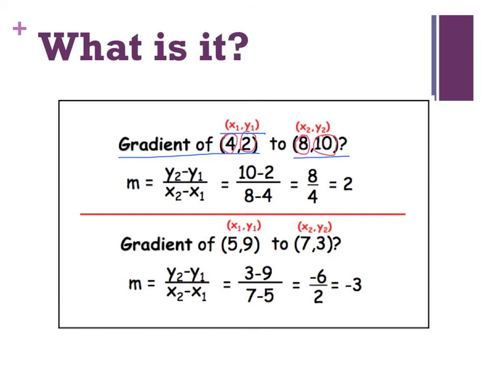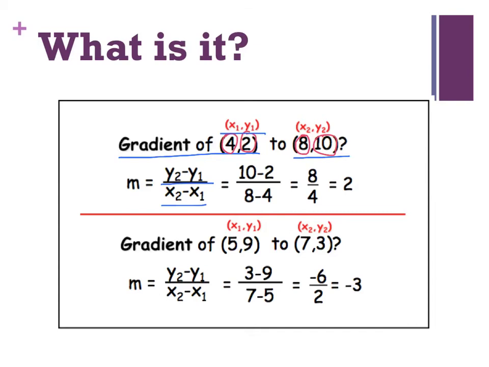In order to find out the gradient of them, I simply take y2 minus y1 over x2 minus x1. What that's saying, guys, is that y2 is the point at which my rise ends.